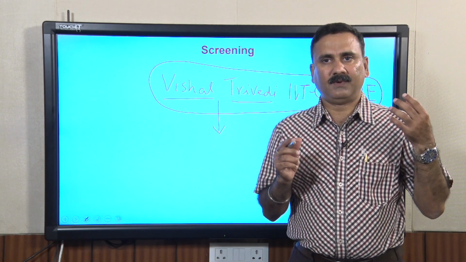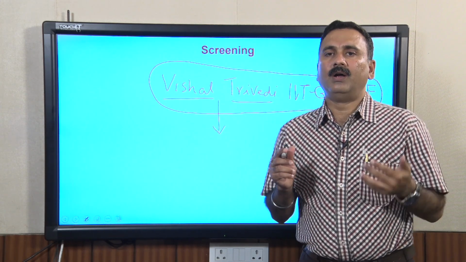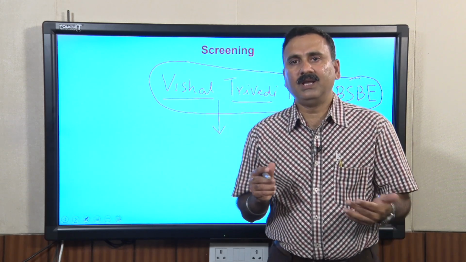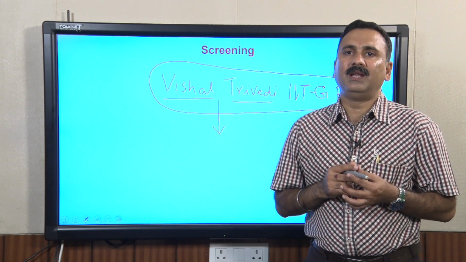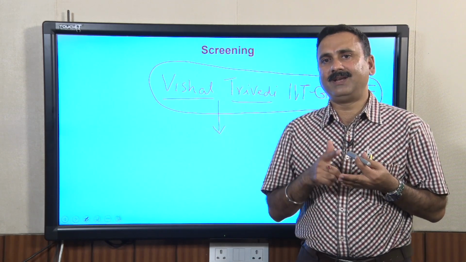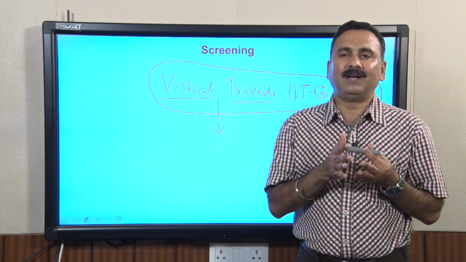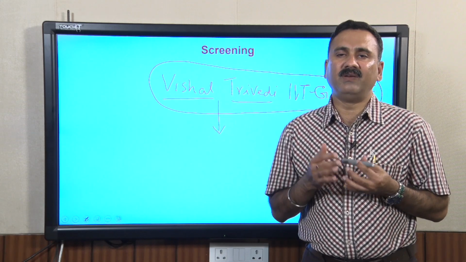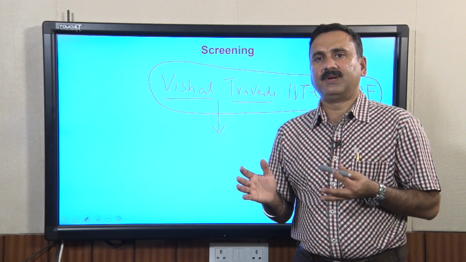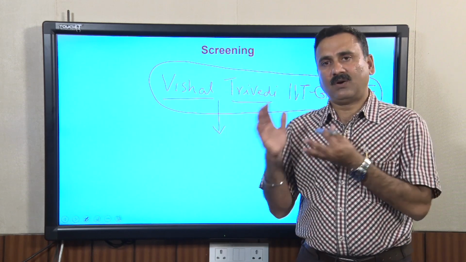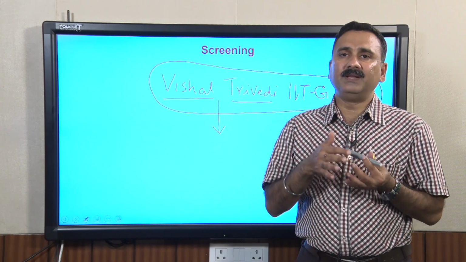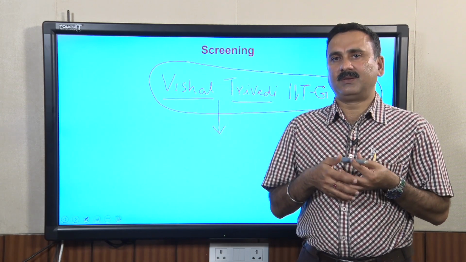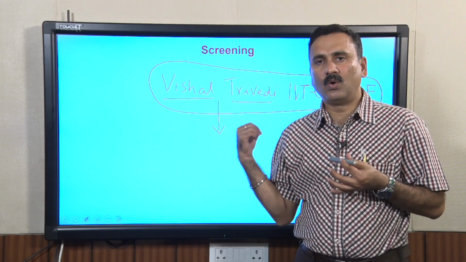For example, the DNA can be used to screen the clones, because the DNA has a systematic ordering of the nucleotides, and the arrangement of the nucleotides within the DNA molecule is very specific for a particular gene or set of genes. Similarly, proteins also let you have a specific search for a particular clone.